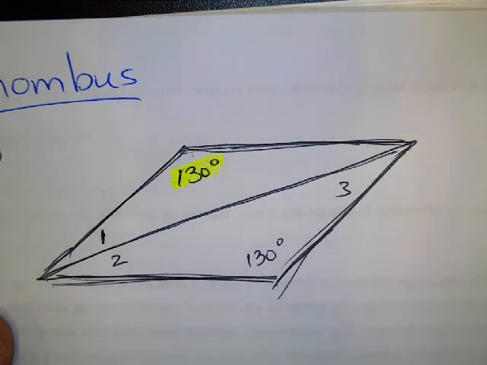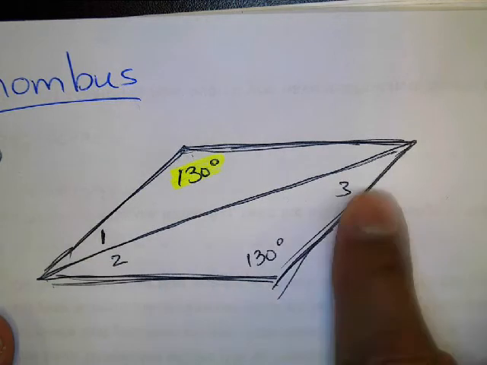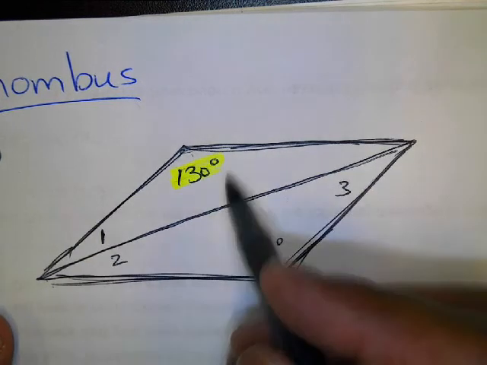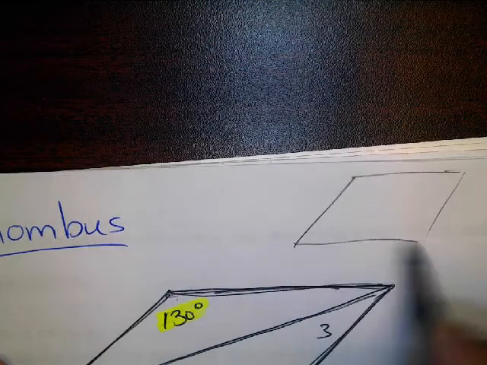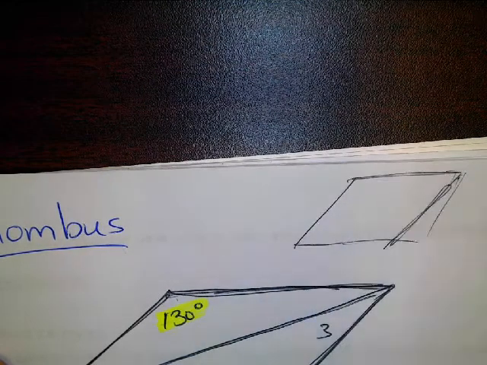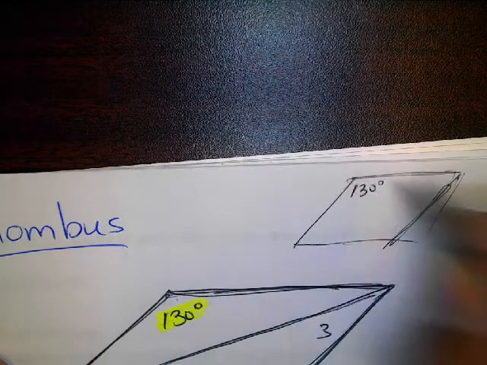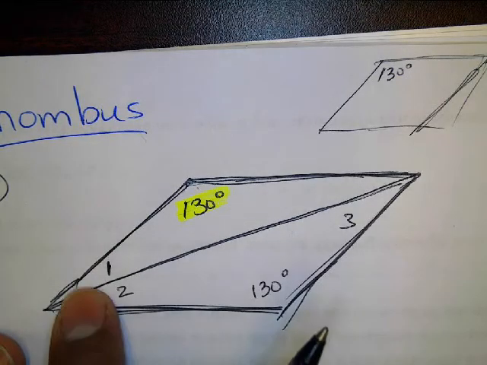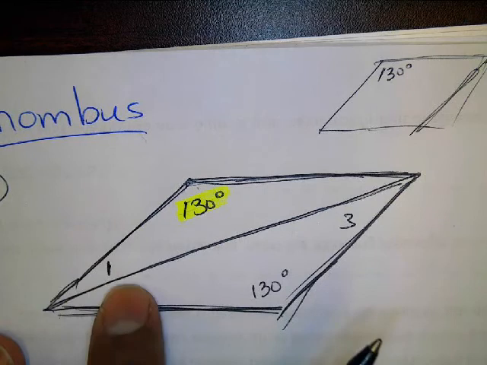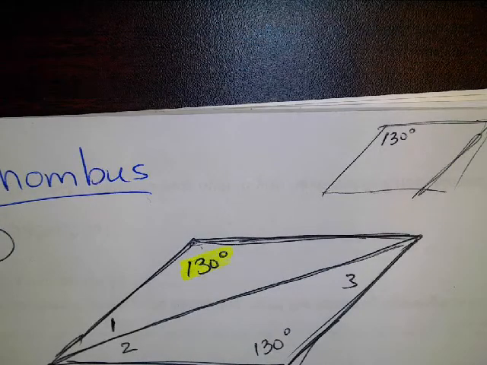Now, how do you figure out these? Remember, a rhombus is still a parallelogram, right? So if this is 130, I can get this whole angle. I need to know the whole angle, so then I know that the diagonal bisects it, divides it equally in half.